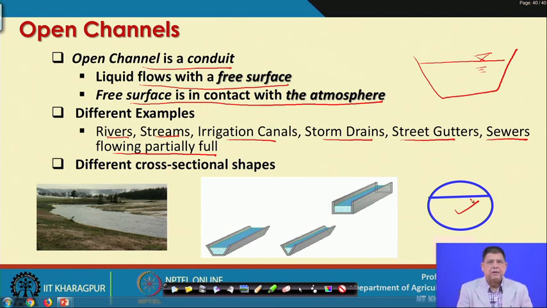And open channels could have different cross sectional shapes. For example, we have already seen trapezoidal, triangular, rectangular, and also, as we have seen, it could be a circular conduit flowing partially full, that could be an example of a sewer. So, this could also be a particular shape. So, these are various possible shapes of open channels.